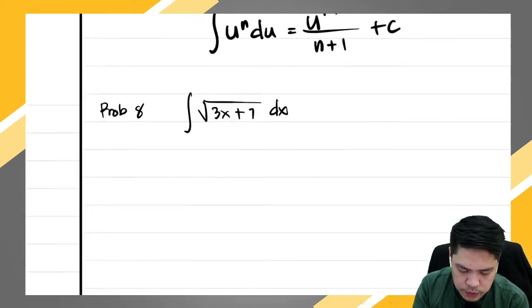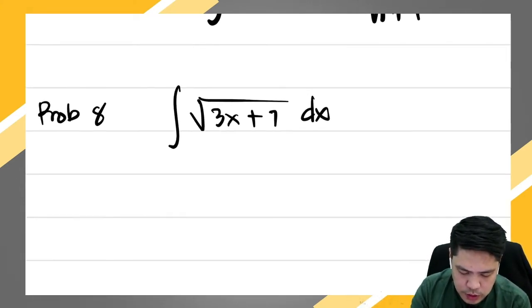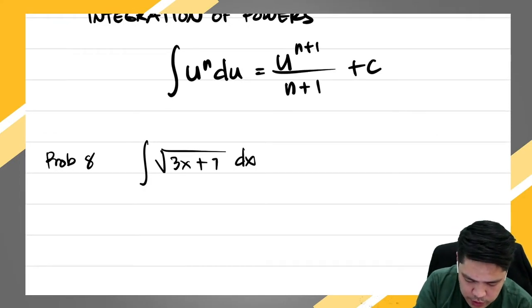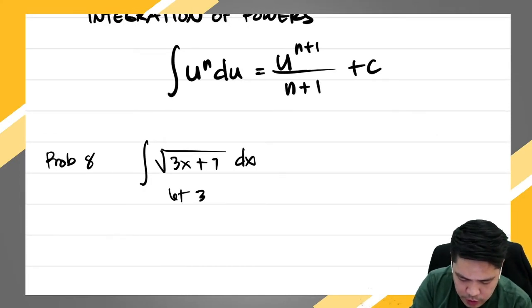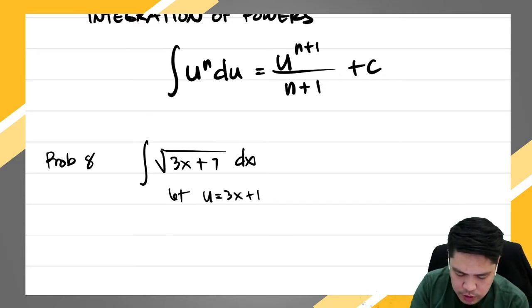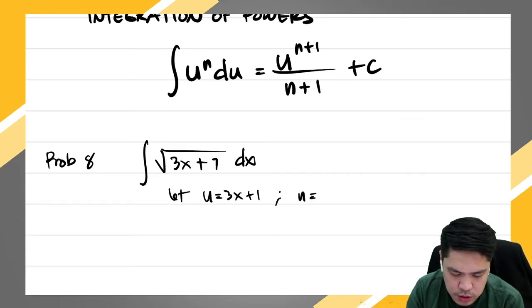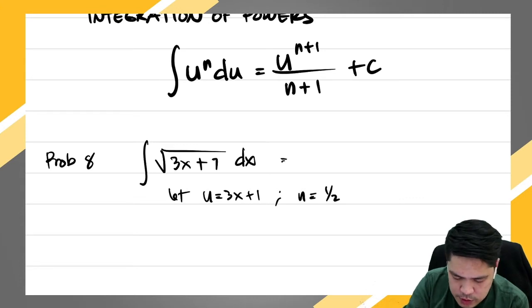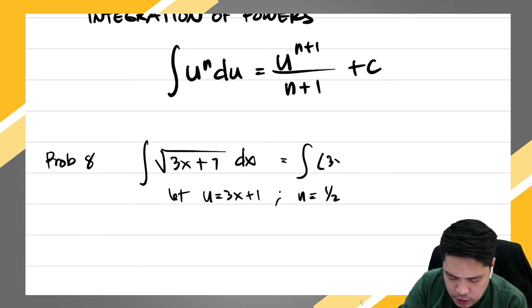Okay, so how do we identify the parts now? First, if we let u be 3x plus 1, it follows that the n here, or the constant to which this function is raised, is 1 half. Because this is the same as the integral of 3x plus 1 raised to 1 half dx.